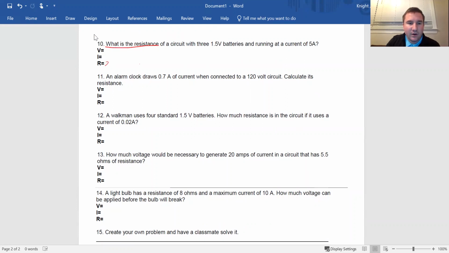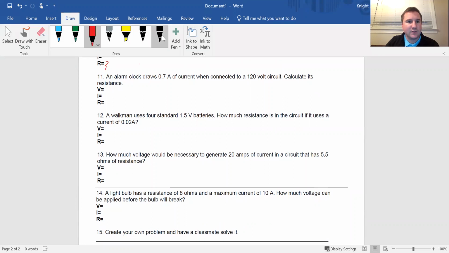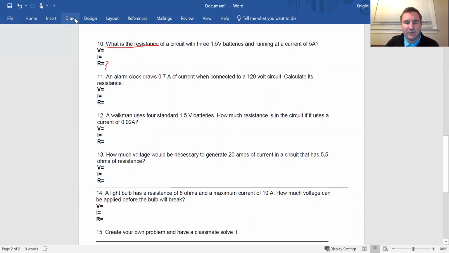So I'm looking for R now of a circuit with 3. This is a little bit tricky because we have 3 1.5 volt batteries. They're trying to throw us for a little loop, and a current of 5 amps. So 5 amps is pretty easy. That's our current. We'll put the 5A there. We should be comfortable with that.